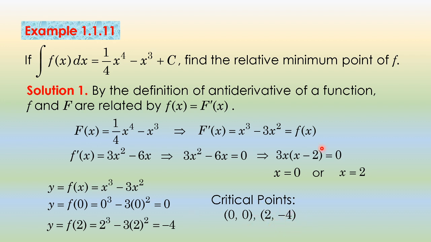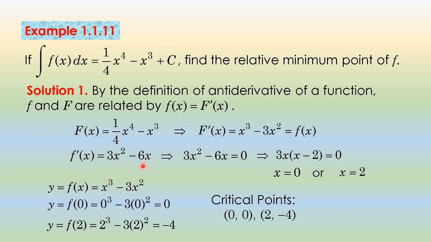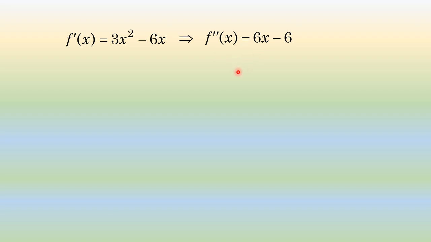Which of these 2 points is a relative minimum point of f? So let's see. The derivative of small f of x is equal to 3x squared minus 6x, as what you had here. Its second derivative is 6x minus 6.